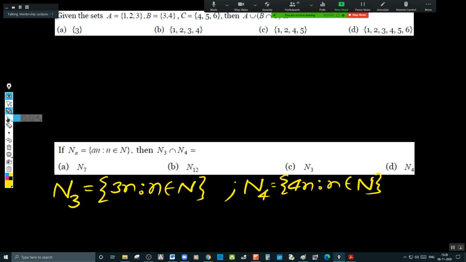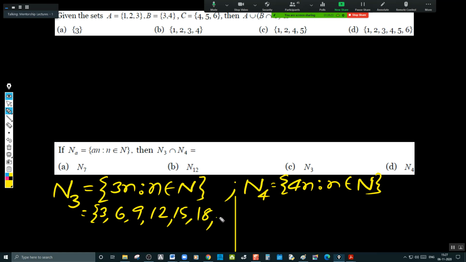So, let us write them in the roster form. N belongs to capital N means n takes 1, 2, 3, 4, and so on. Substitute 1 here, 3. Substitute 2 here, 6. Substitute 3 here, 9. Substitute 4 there, 12. 5 here, 15. 6 here, 18, and so on.